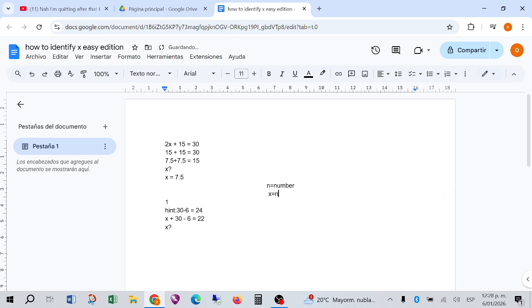Now this x equals n1, which means one number, or we can easily shorten that to n. And if x goes up by one number, so does n.